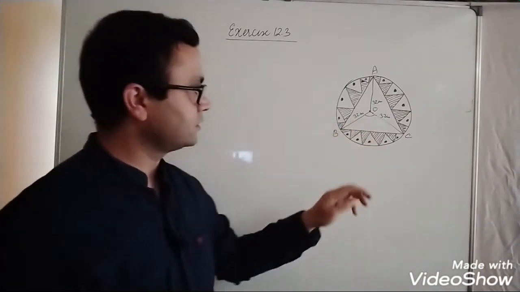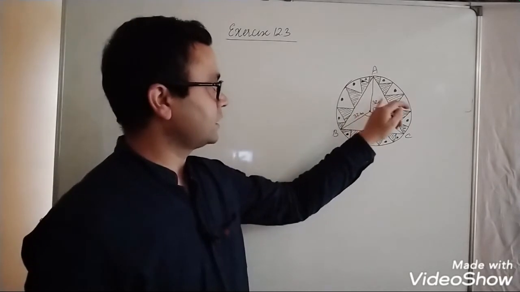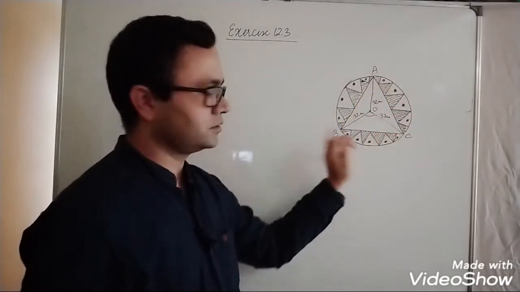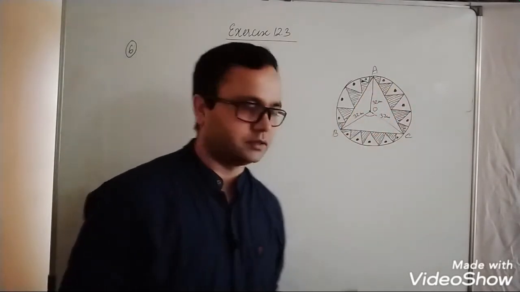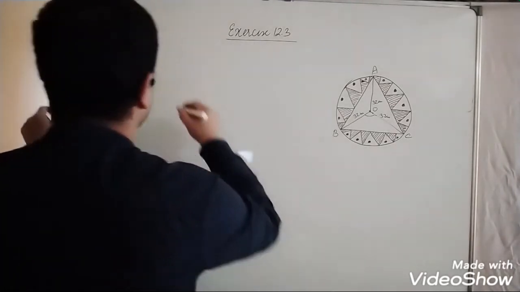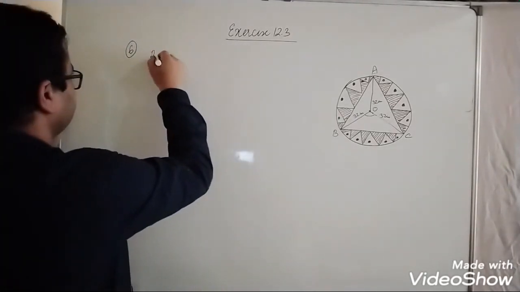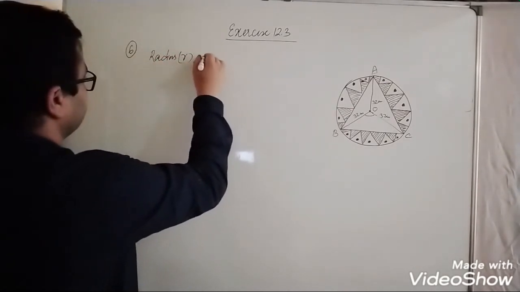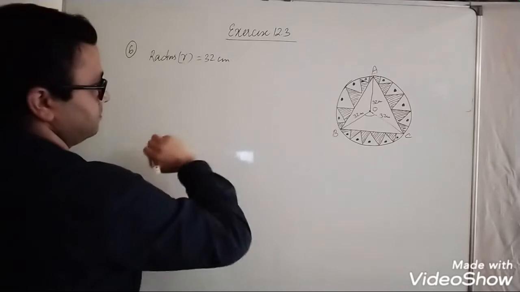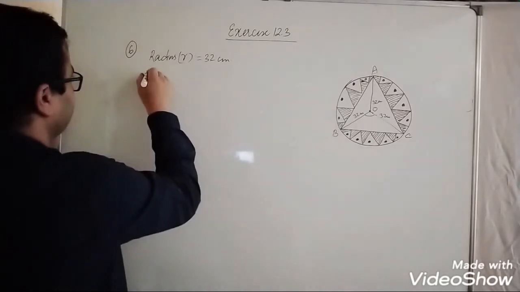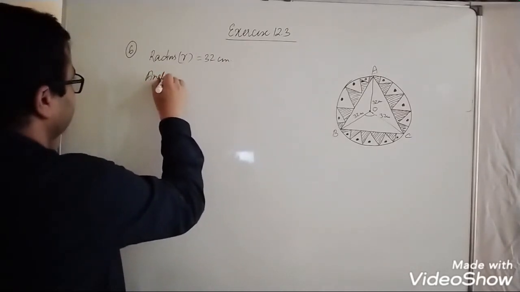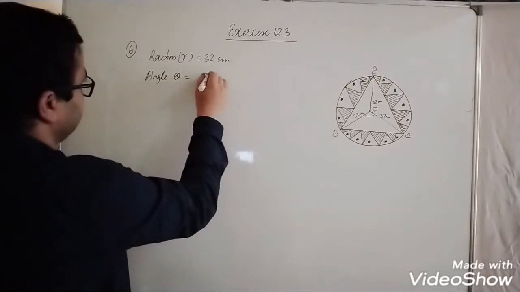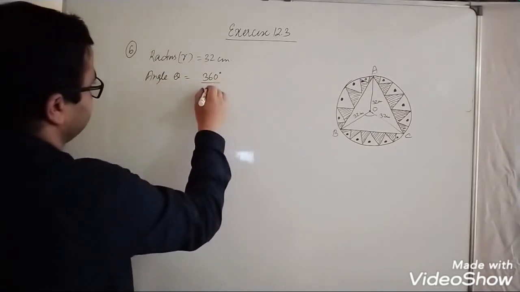So first we will write the radius: r is 32 centimeter. Now for central angle, theta equals 360 divided by 3.